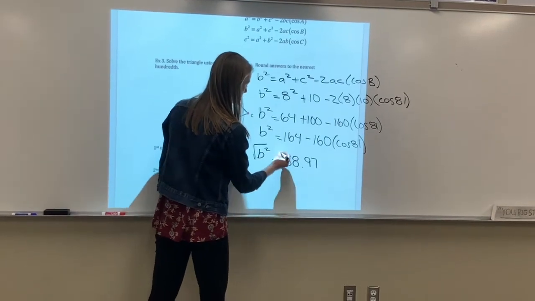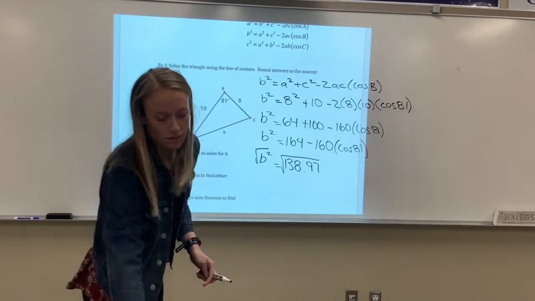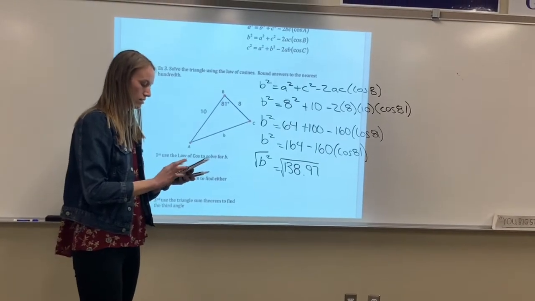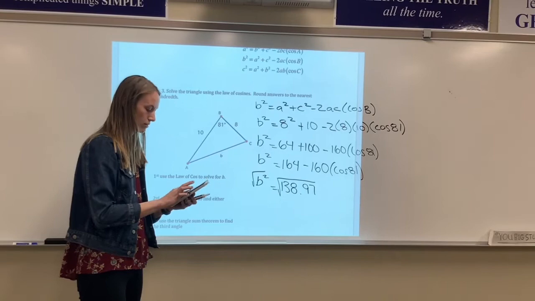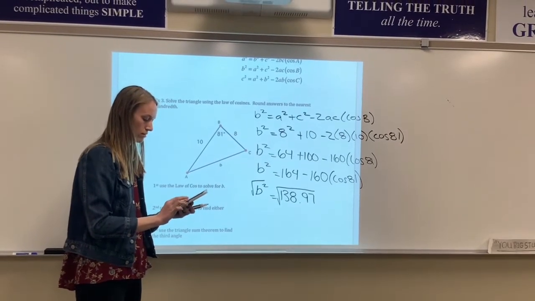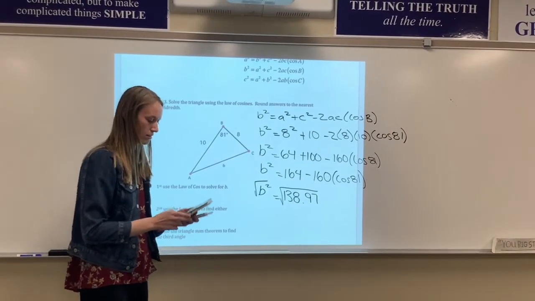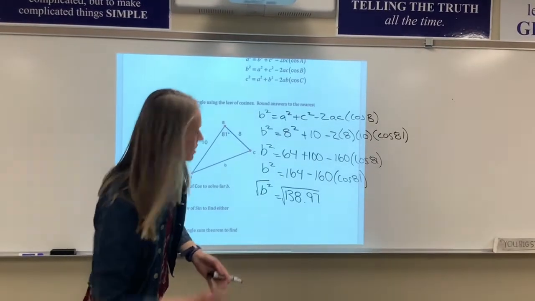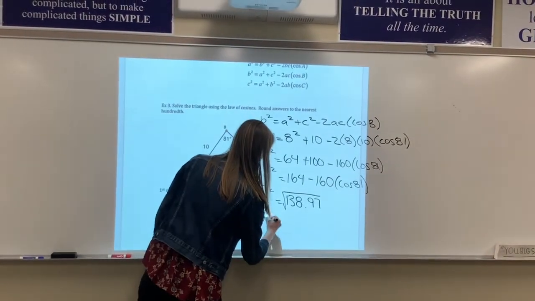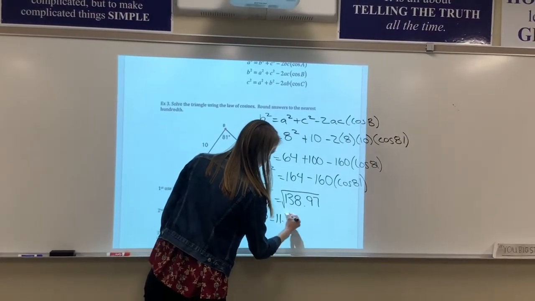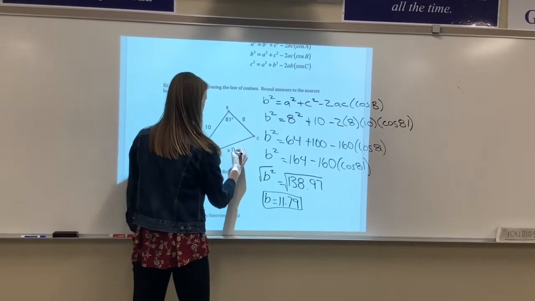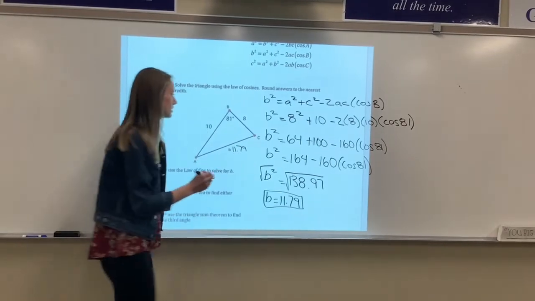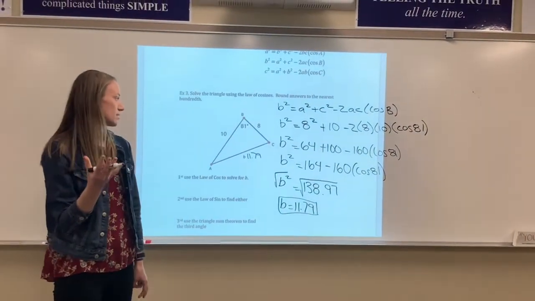Let's take the square root of both sides. Get 11.79. So side length b equals 11.79. So that's the first step to find the first missing side.